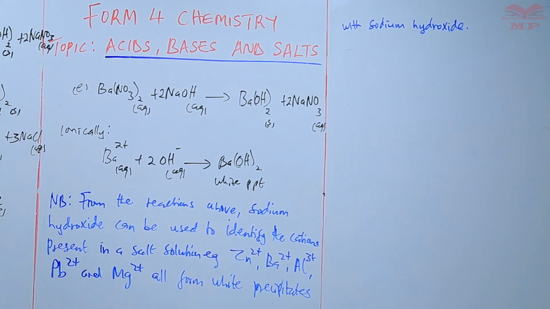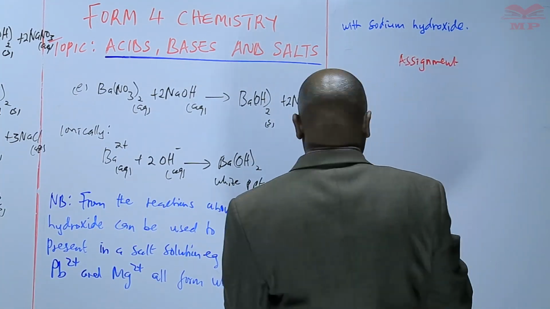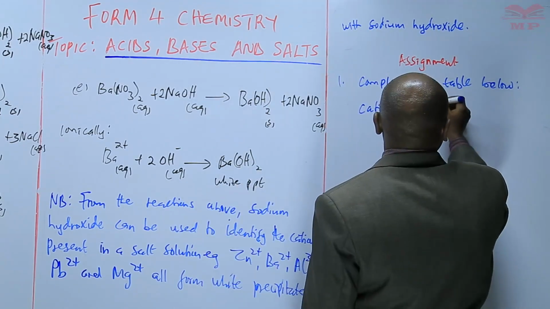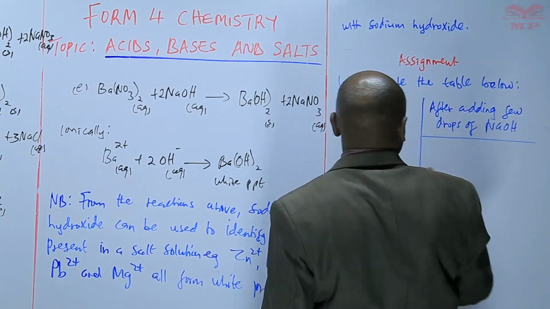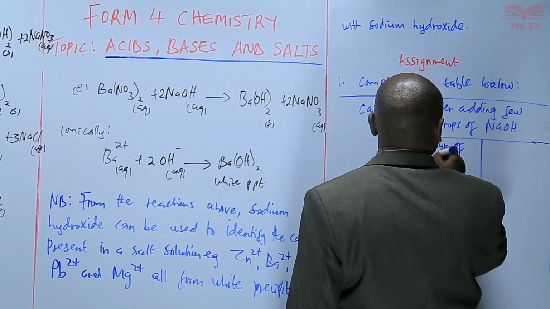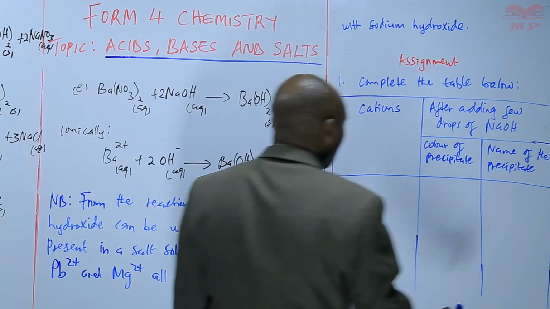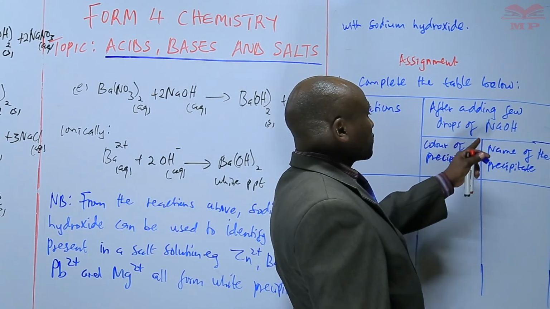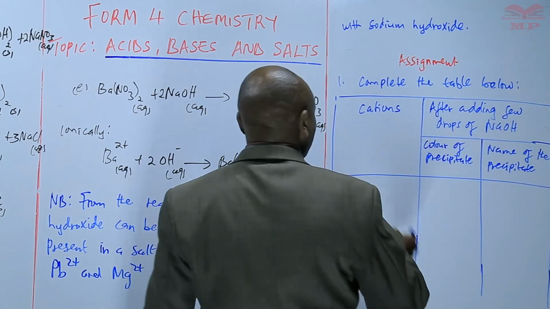So we'll have an assignment on this. We have the cations, after adding a few drops of sodium hydroxide, the color of the precipitate, and the name of the precipitate.